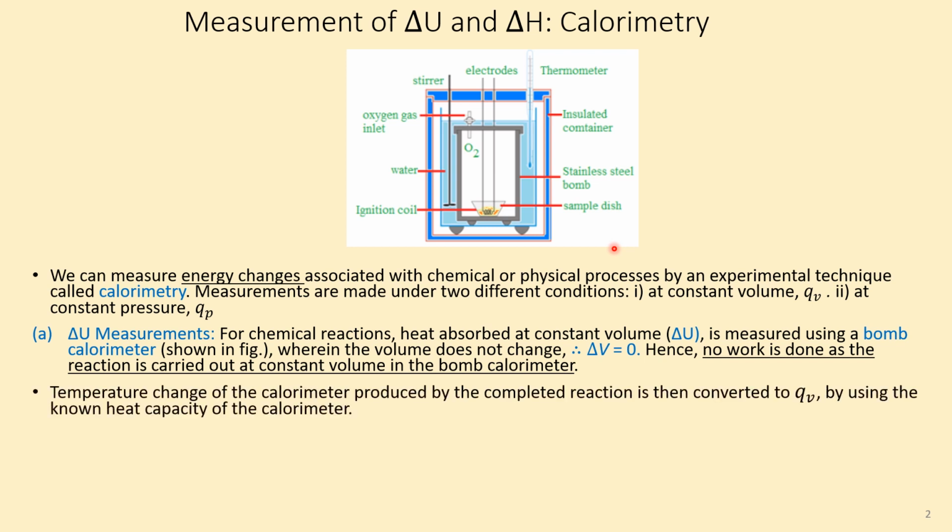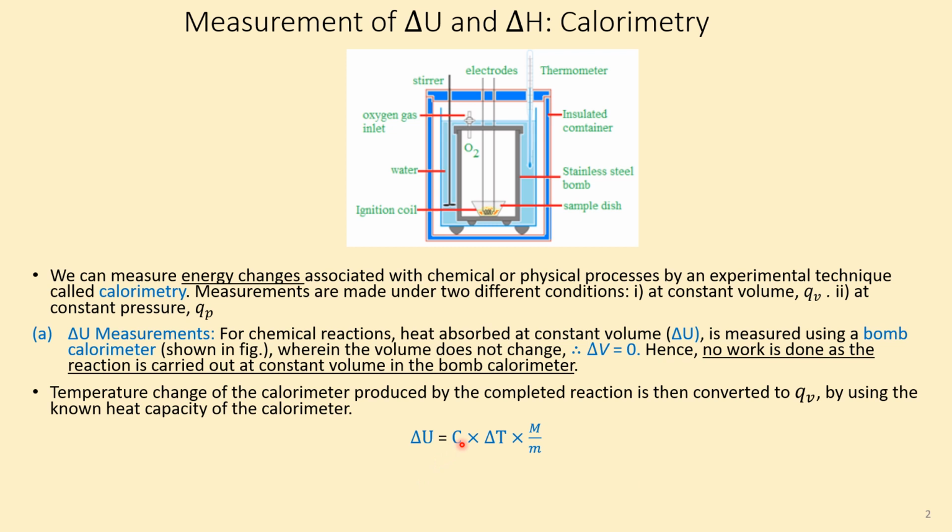The temperature change of the calorimeter produced by the completed reaction is converted into heat at constant volume by using the known heat capacity of the calorimeter.